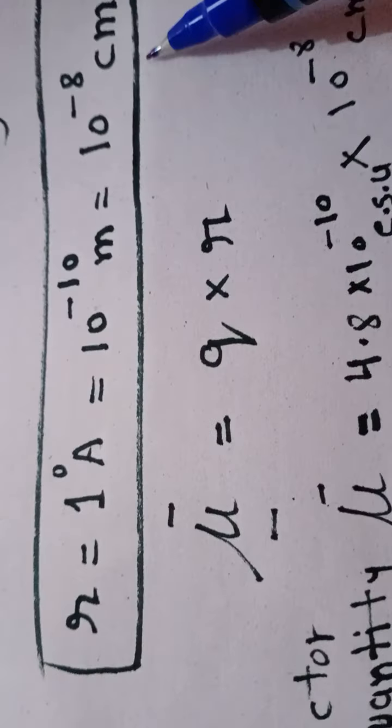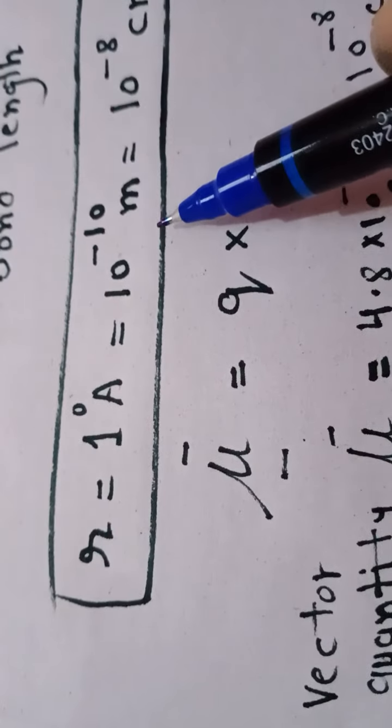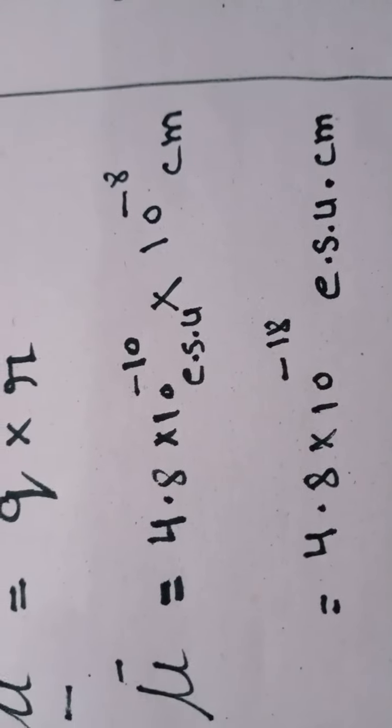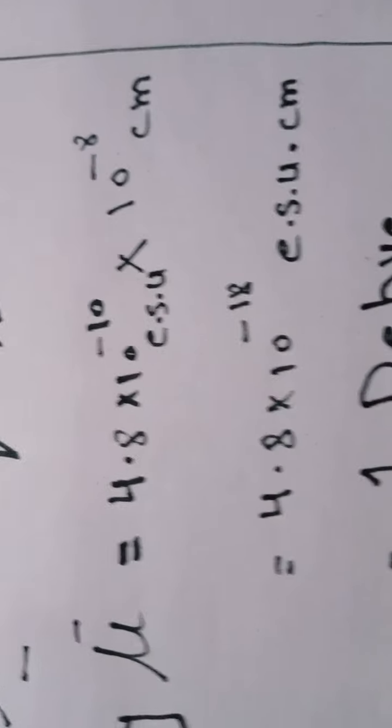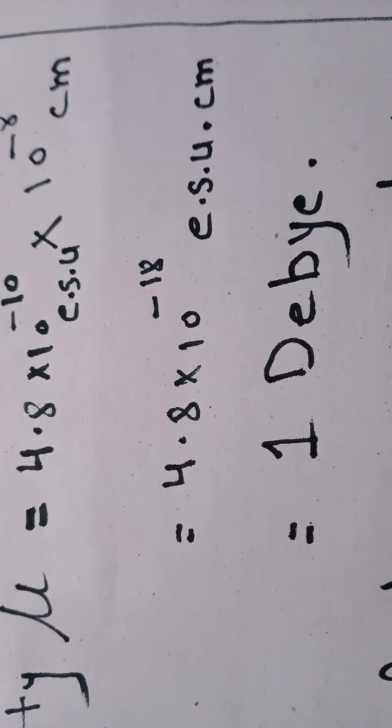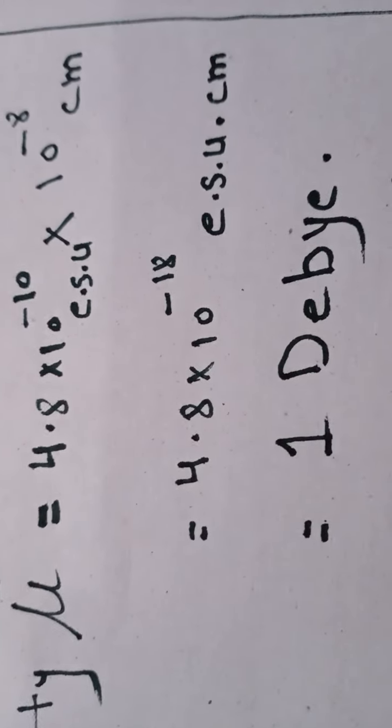Here I am taking the bond length in centimeter, right? I am not taking the bond length in meter here. I am taking it in centimeter. Now the answer is 4.8 into 10 raised to power minus 18.